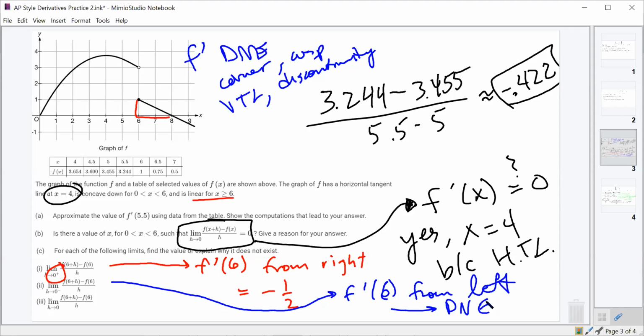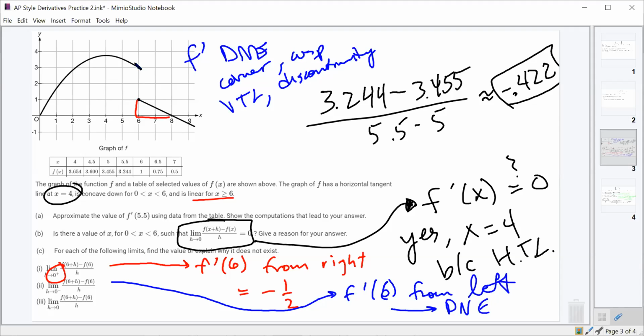It's that the derivative can't exist at a point where that piece of the function is not defined. So as we come from the left-hand side, 6 is not defined. And so therefore we can't have a derivative at that point. As we come from the right, 6 is defined on a continuous portion of it. And so we can have a derivative from the right, but we can't have it from the left because of the open hole there.